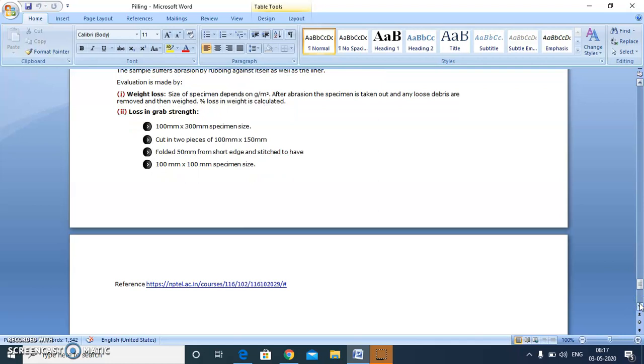We can measure the weight before abrasion and after abrasion, and express it as percentage, or we can measure the strength of the fabric strip before and after and express it as loss in strength percentage. These are the different ways of measuring and evaluating the abrasion resistance of the fabric, but pilling is done by grading only.